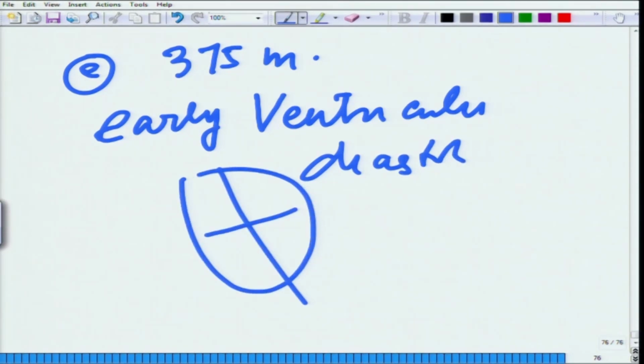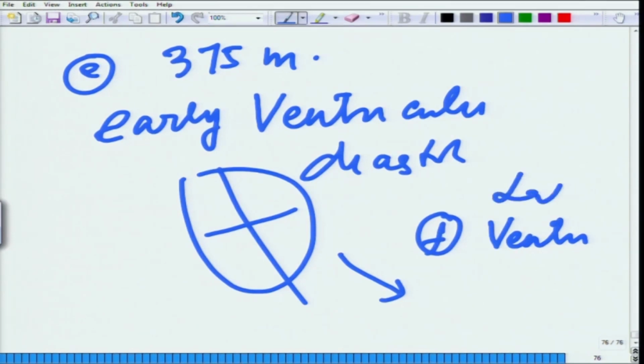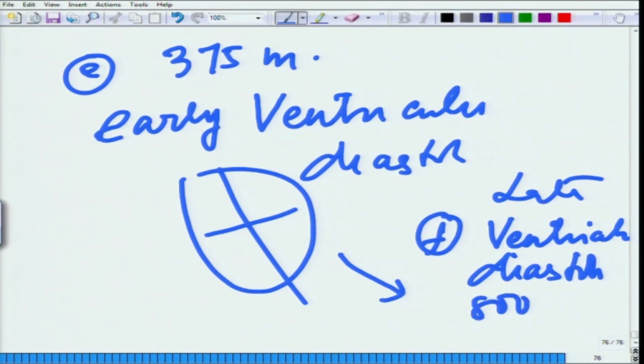And this is followed by phase F, which is late ventricular diastole, when they are in a relaxed phase, around 800 milliseconds. So, this whole cardiac cycle continues in a fashion, and I will give you another diagrammatic representation of it, which will help you to understand how it looks.